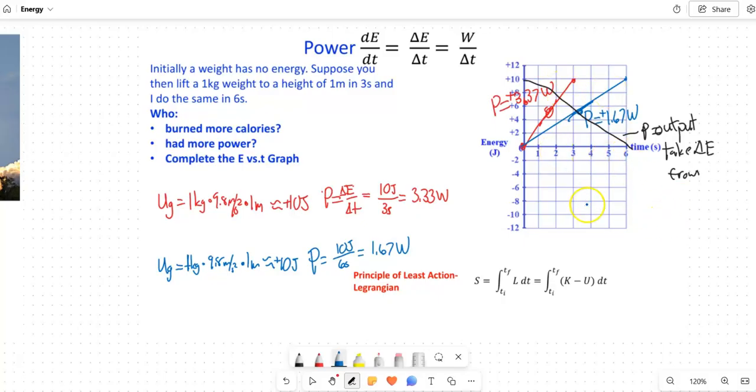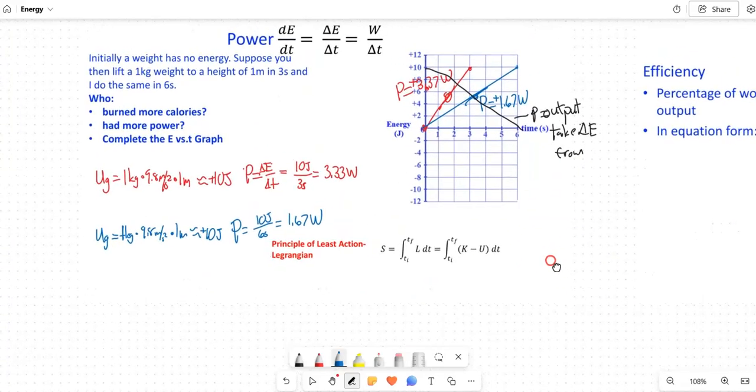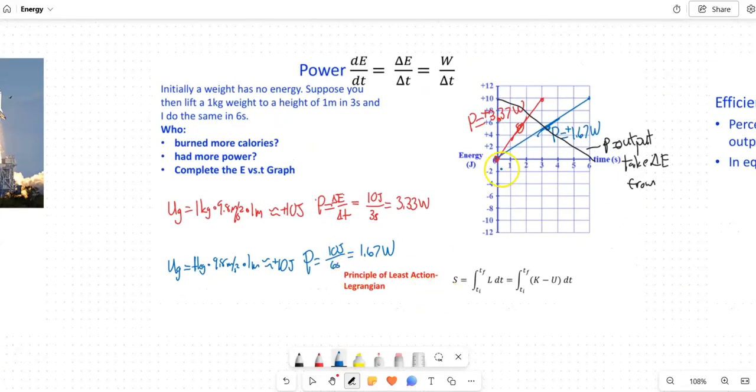That also tells you your power. So they're very useful. Just a little side note, the area under these lines is related to action, which is S. If you want any information in the PowerPoint that I have, if you click on this, it sends you to PBS Spacetime, which has a great lecture about the principle of least action.